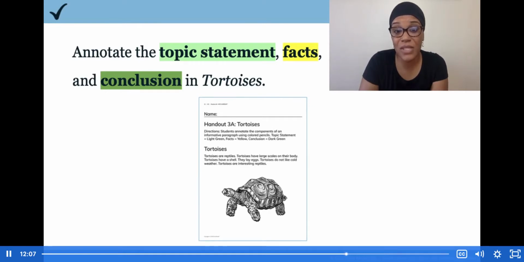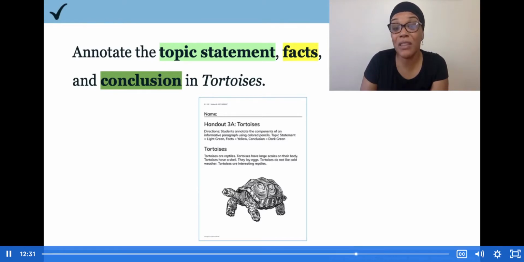Students, annotate the components of an informative paragraph using colored pencils or crayons or markers, whatever you have. Topic statement will be light green. Your facts and details will be yellow, and your conclusion will be dark green.